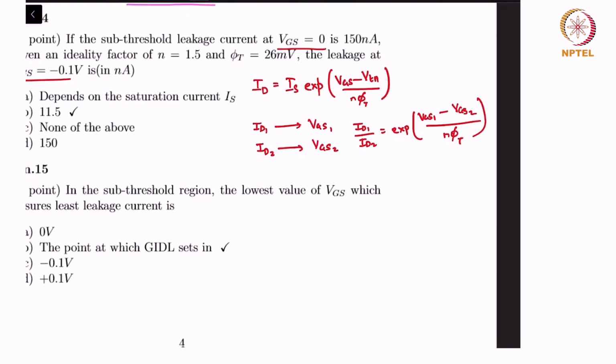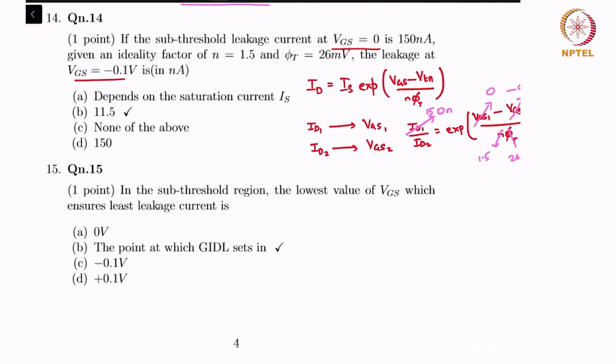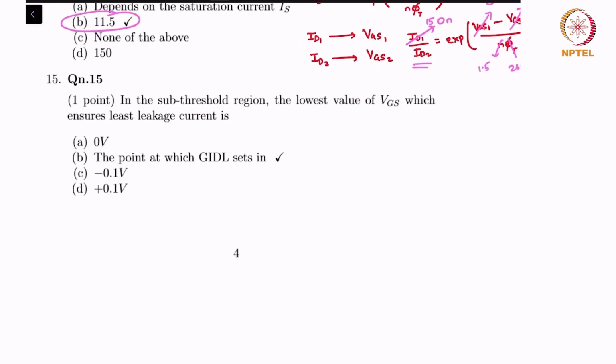Simply taking ID1 as 150 nanoamps, VGS1 as 0, VGS2 as minus 0.1 volt, n as 1.5 and phi t as 26 millivolt as stated in the problem, you will get that the answer is 11.5 nanoamps for ID2.